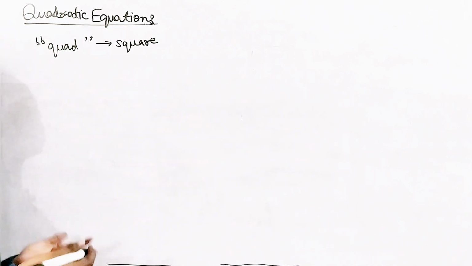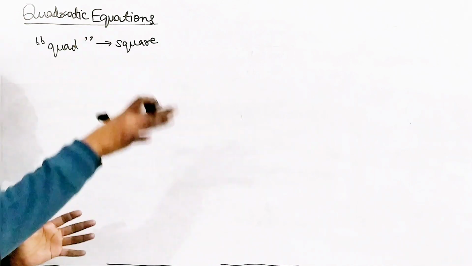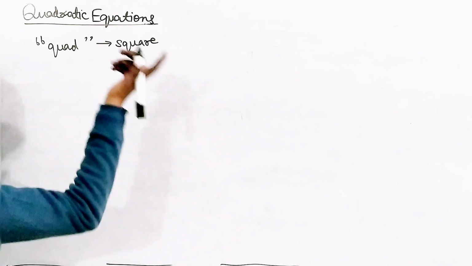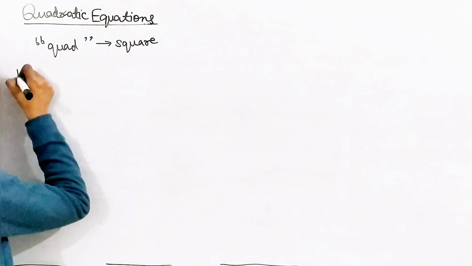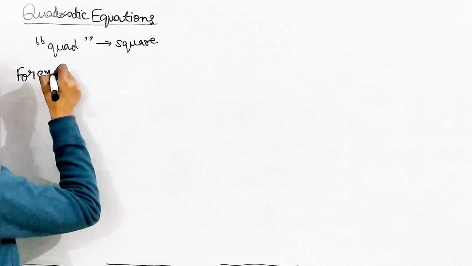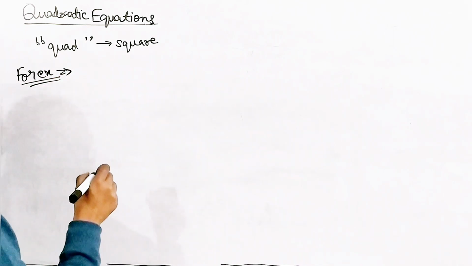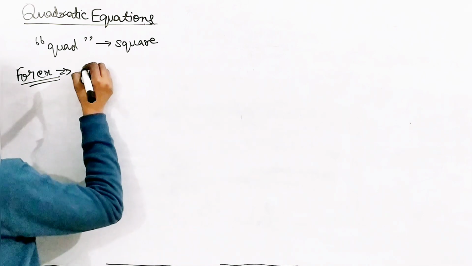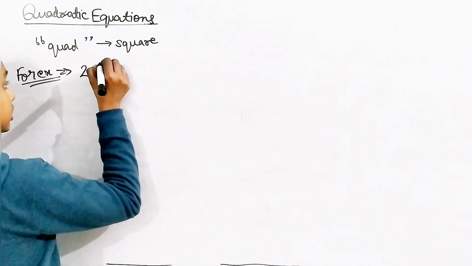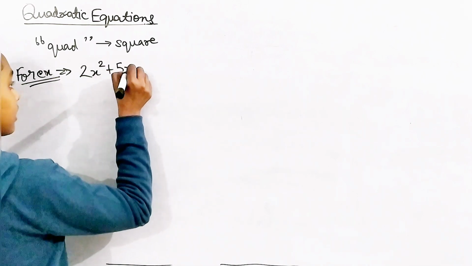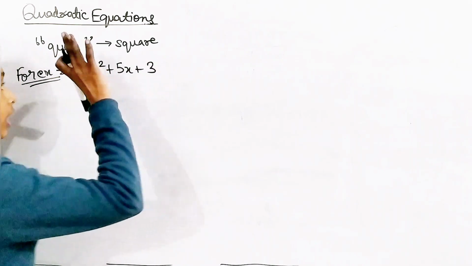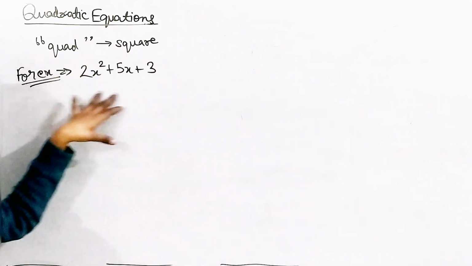If you have seen some examples of quadratic equations, let me tell you some examples, okay? I'll take a few examples. 2x squared plus 5x plus 3. This is an example of a quadratic equation.